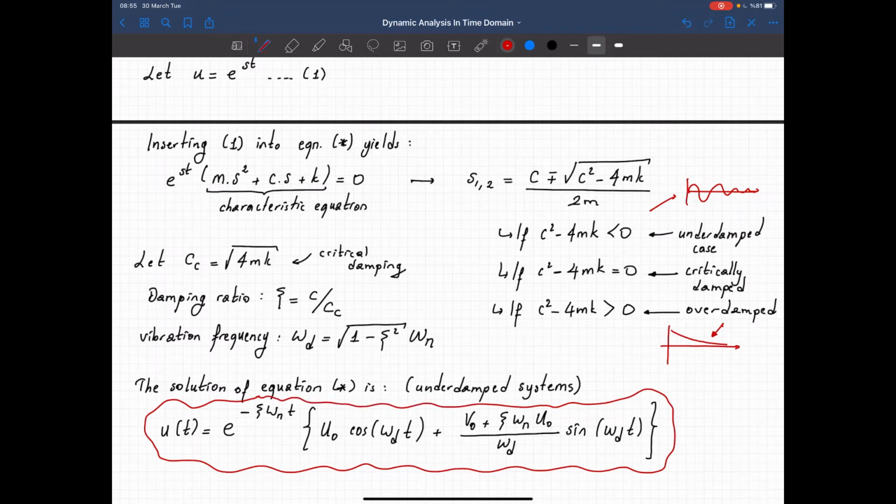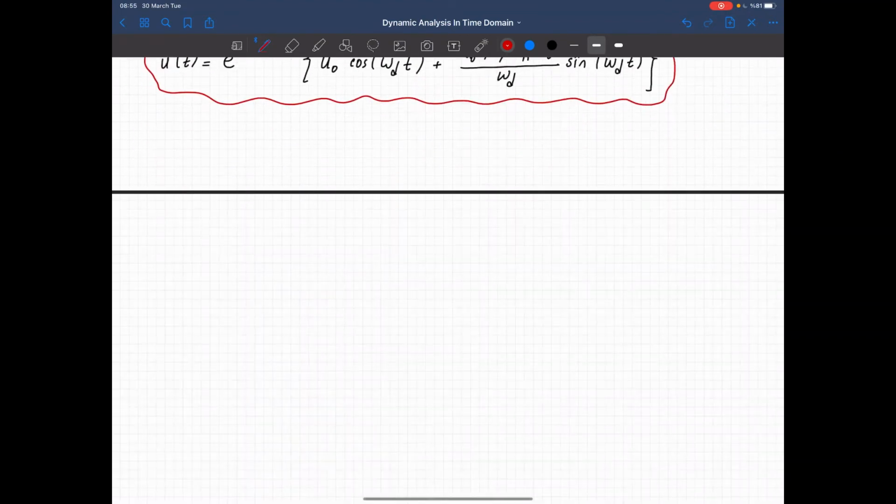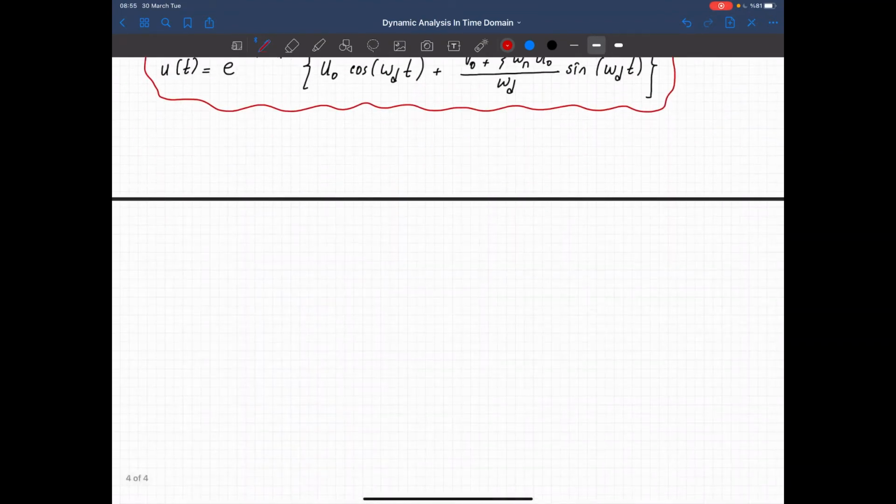Now let's see how we can solve the equation of motion when we have a harmonic loading. We will first examine it for an undamped system. So we will be looking at undamped vibration under harmonic loading.